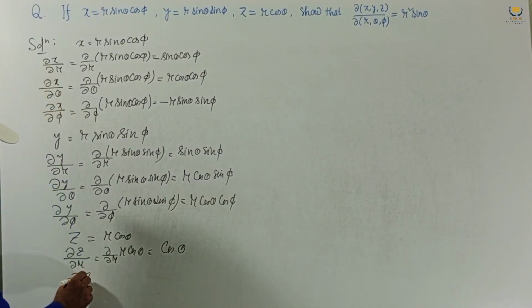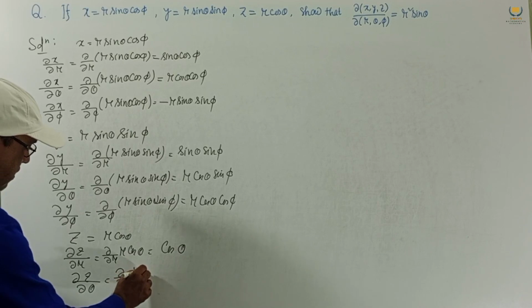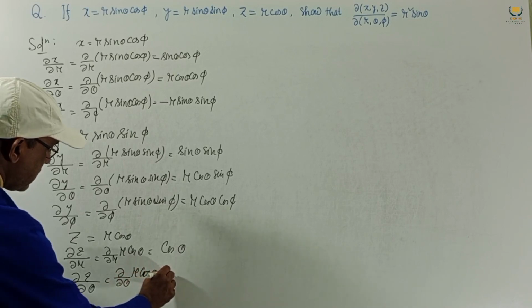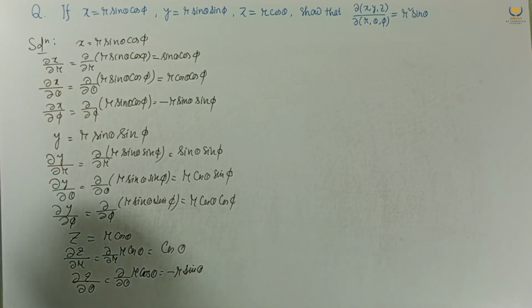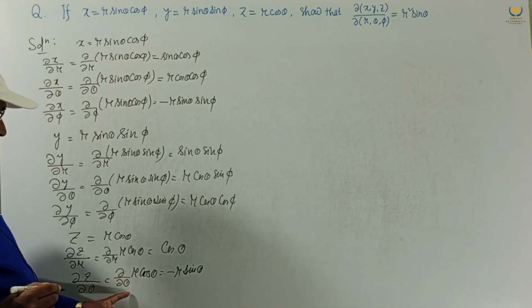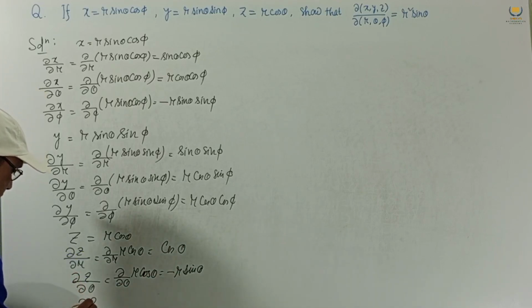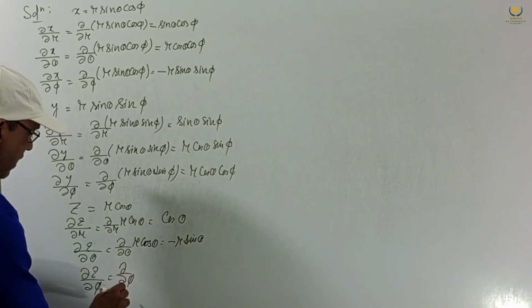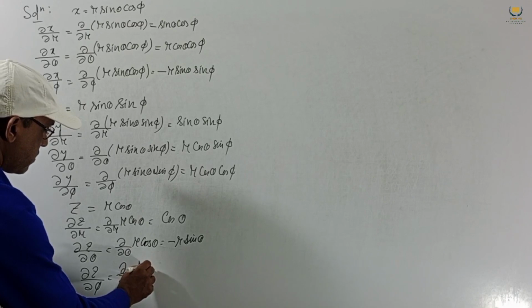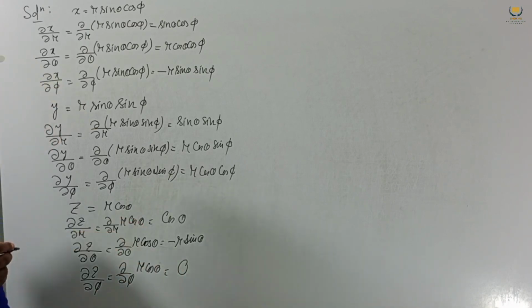Del z by del theta: del theta of r cos theta is minus r sin theta, since the derivative of cos theta is minus sin theta. And del z by del phi: del phi of r cos theta is 0 because phi is absent here.